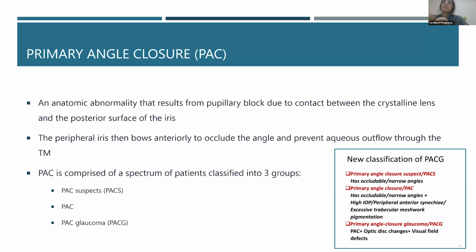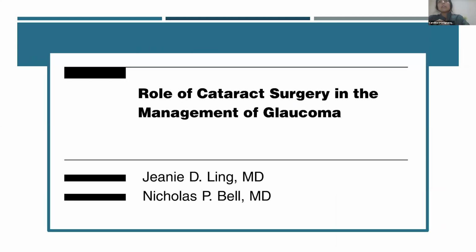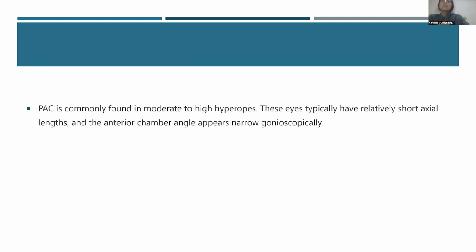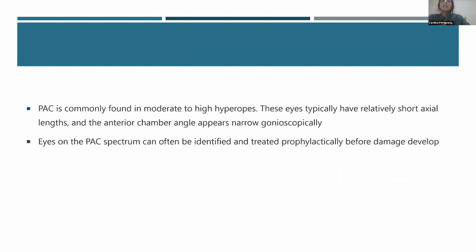And third, PAC glaucoma: PAC with optic disc changes. In this article, the role of cataract surgery in the management of glaucoma, they talk about this. PAC is commonly found in moderate to high hyperopes. These eyes typically have a relatively short axial length, and the anterior chamber angle appears narrow gonioscopically. Eyes on the PAC spectrum can often be identified and treated prophylactically before damage develops.